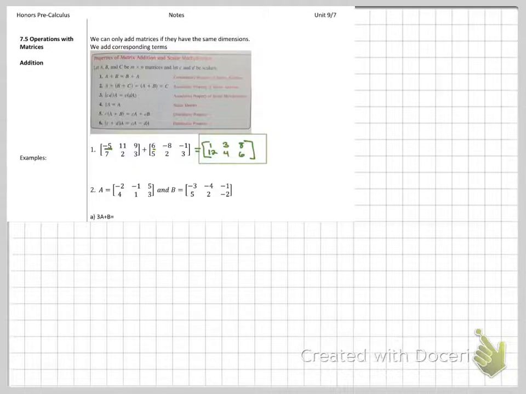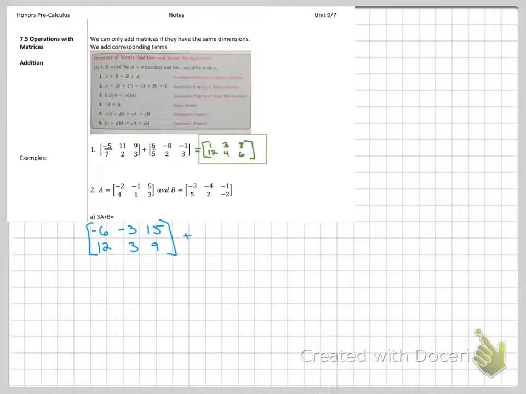So doing something a little more difficult, I guess, technically. Number 2, 3 times A and B are given, matrix A and B are given. So maybe you want to do 3 times A first. Maybe you can do it all at once. That's your choice.